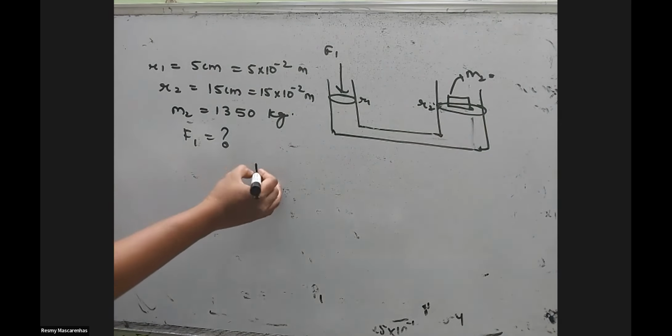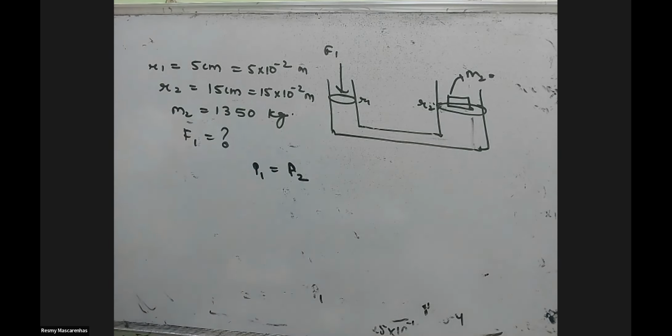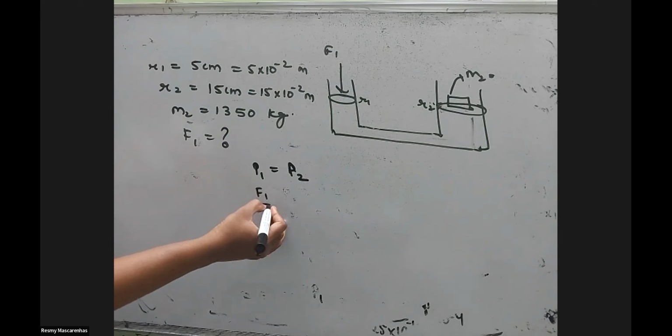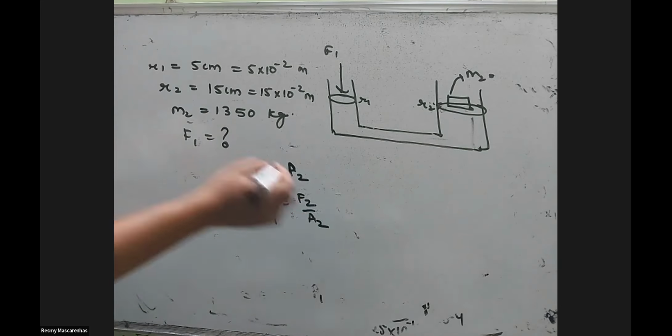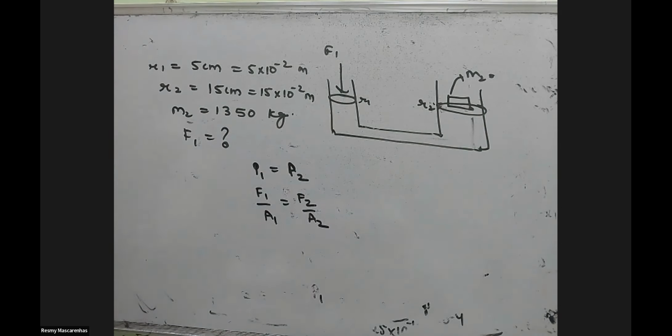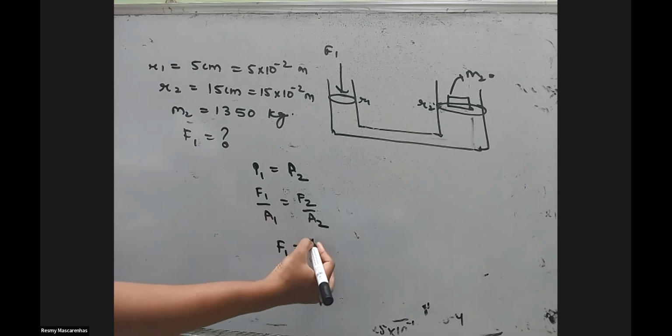Same logic. P1 equals P2. So this will be F1 upon A1 equals F2 upon A2. I want to calculate F1 now. So keep F1 here, take A1 to the other side.